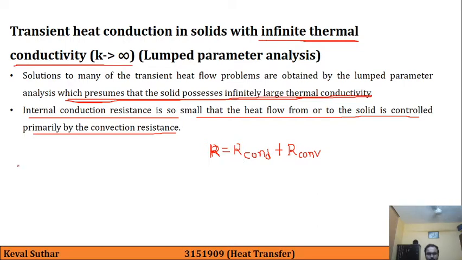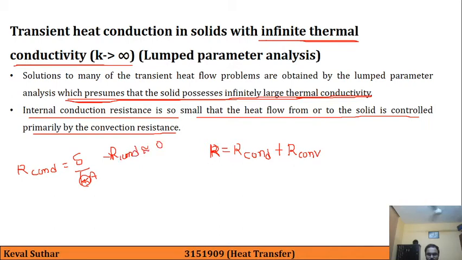And if you recall, R conduction is equal to delta upon KA. So if the thermal conductivity is infinite, then it implies that R conduction is approximately 0.